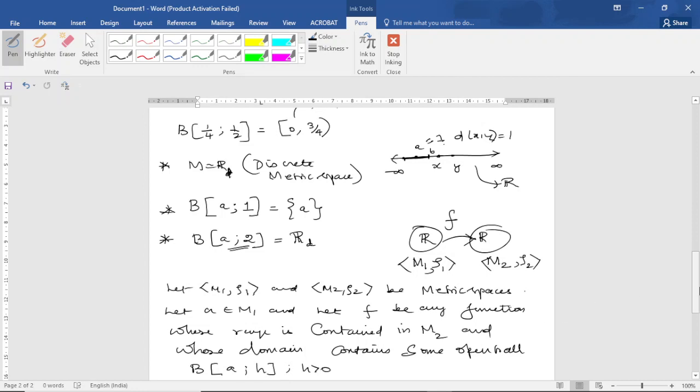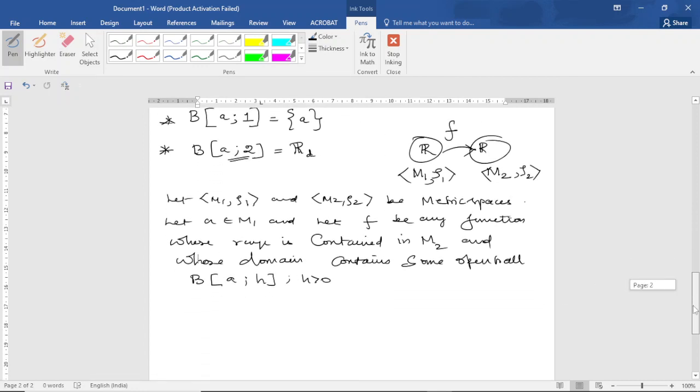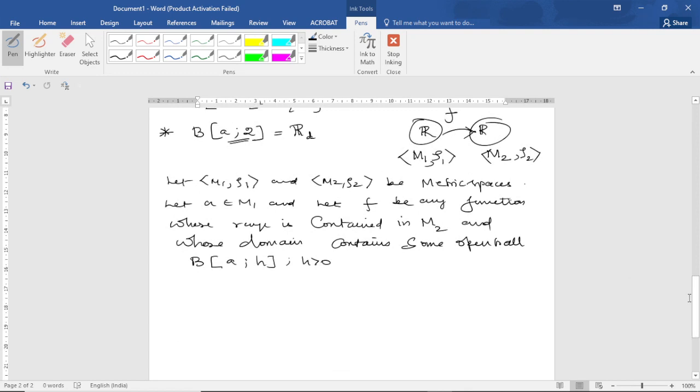These are all the things we have to keep in mind before defining what a continuous function from metric space M1 to metric space M2 is. There must be at least one open ball in the domain. Like this: this is M1, rho 1, and the codomain is M2, rho 2.